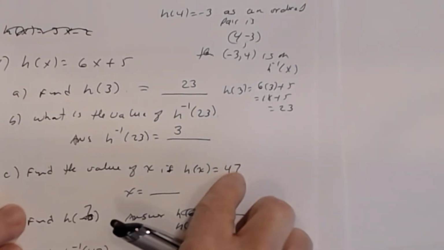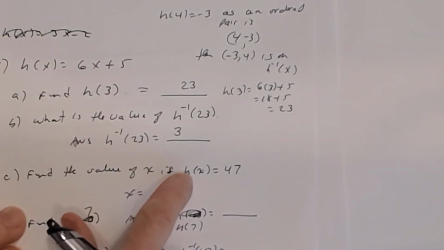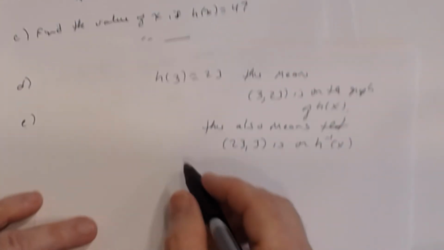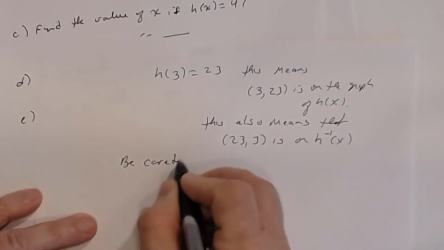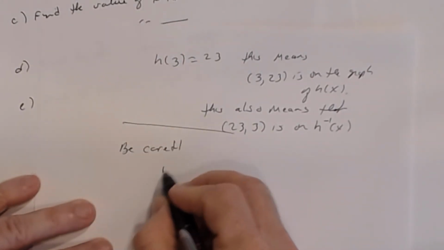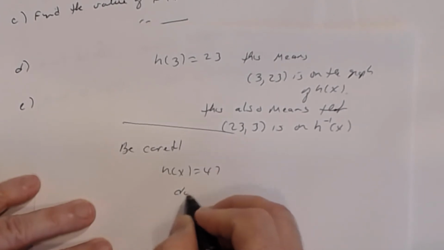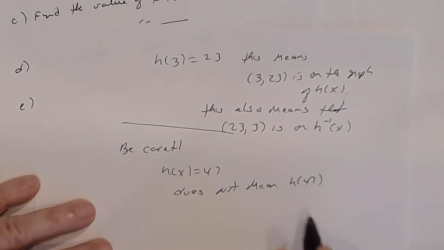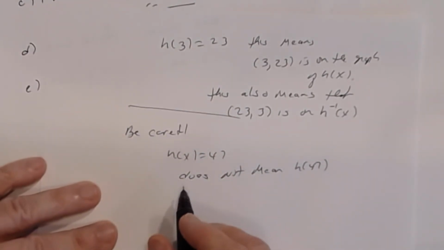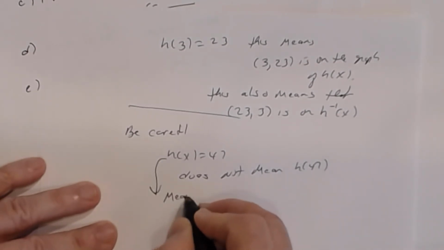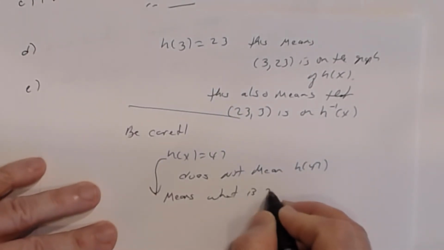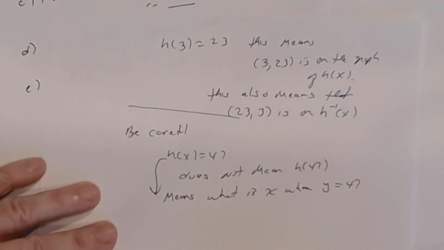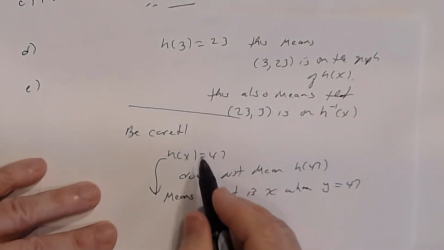You don't substitute 47 in for x, because h of x equals 47 does not mean h of 47. It means: what is x when y equals 47?